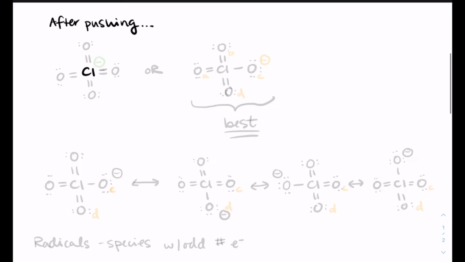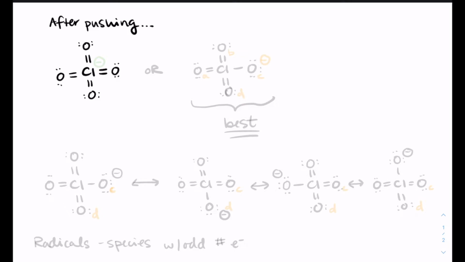So I have chlorine in the middle, a double bond to every oxygen, and when I calculate my formal charges, this gives chlorine the negative formal charge, and all of my oxygens have 0. Well, okay. My other option that doesn't put a negative on chlorine is that I push electrons on every oxygen except for 1.